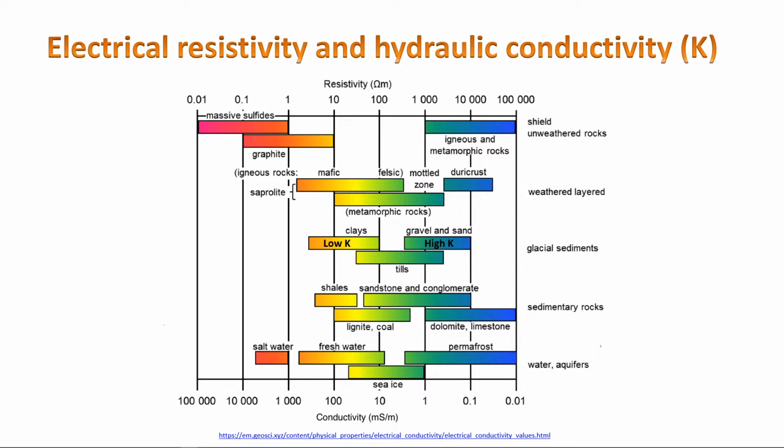Another transportation engineering application would be detecting sinkholes to assess risk for infrastructure. You want to build a road, like a major highway, and you don't want a sinkhole under it. So you do electrical resistivity imaging, or another geophysical method, to identify it. Electrical resistivity could also help to detect sinkholes.